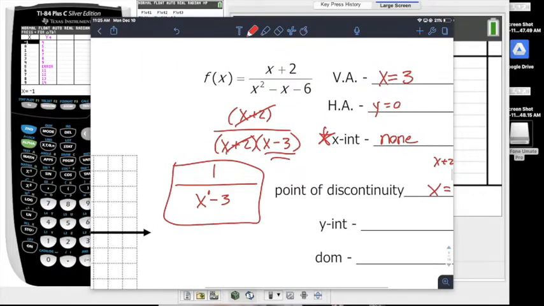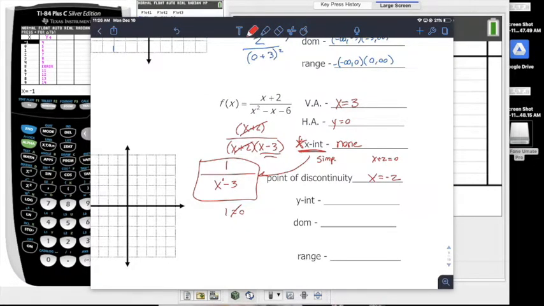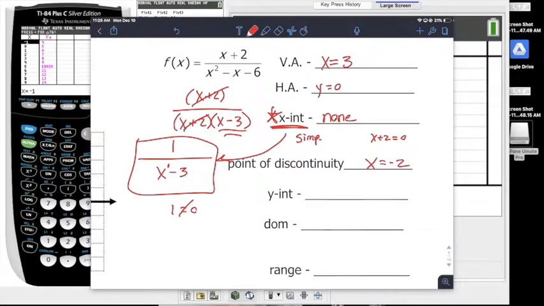Some people are going to want to set the numerator equal to 0, but don't forget we had a point of discontinuity at -2, so that's going to mess that up. So what I want you to do when you're finding your x-intercepts is use the simplified form. If you go 1 equals 0 for the numerator, that's what's going to mess you up. So we're going to say that there is none.